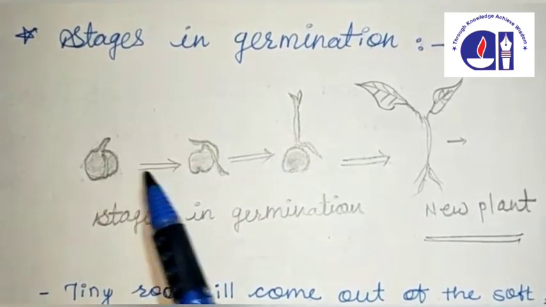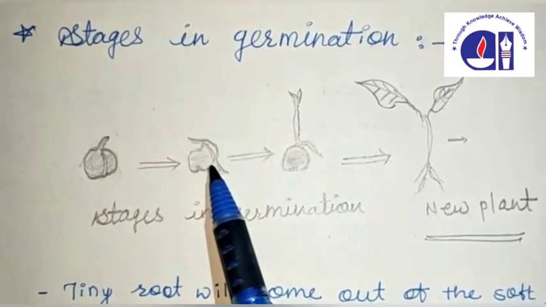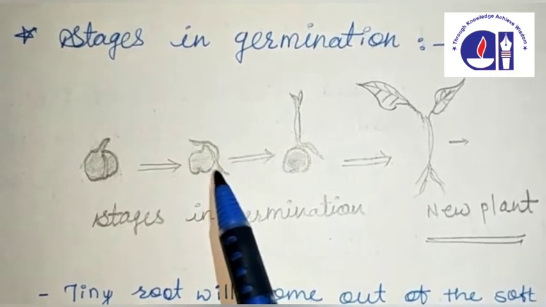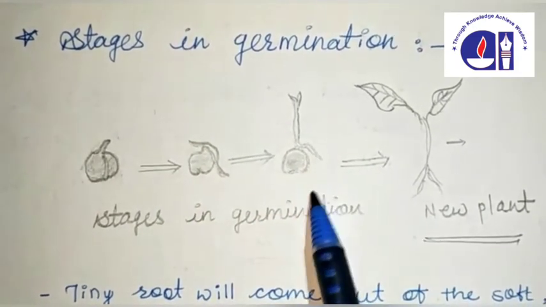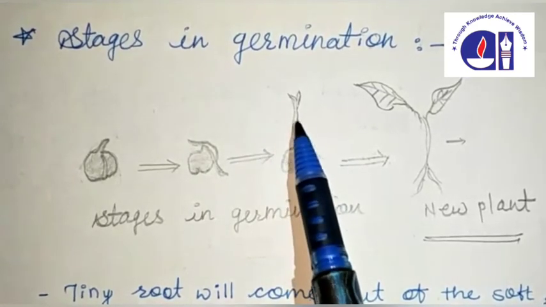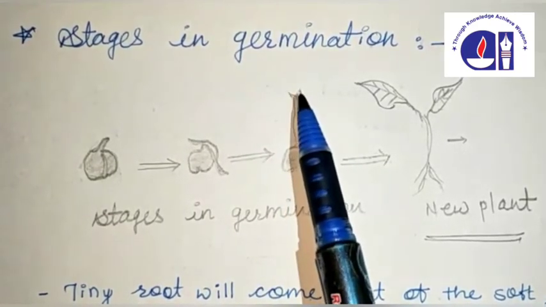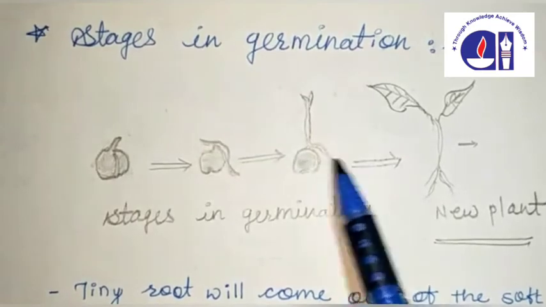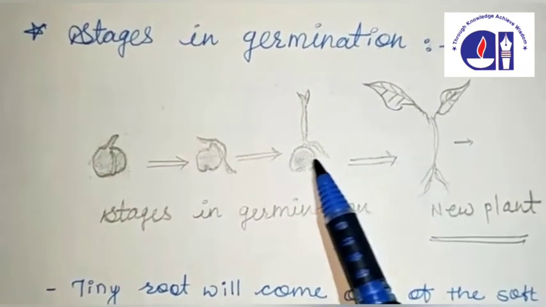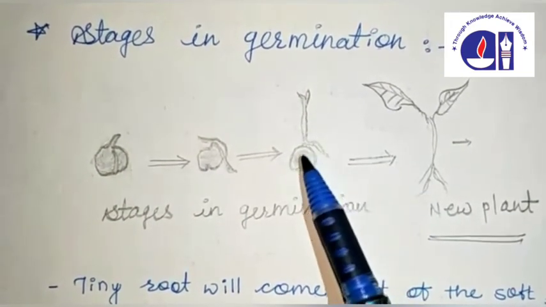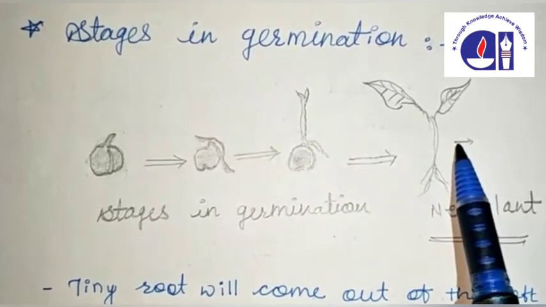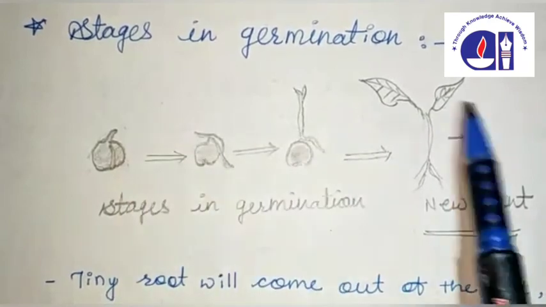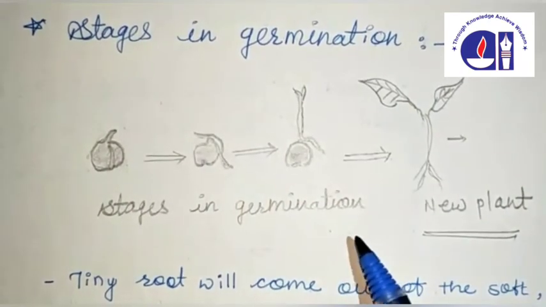First the seed has the root, then the shoot comes out, then the root grows downward and the shoot grows towards the sunlight, and finally the seedling grows into a new plant. So these are the stages in germination.